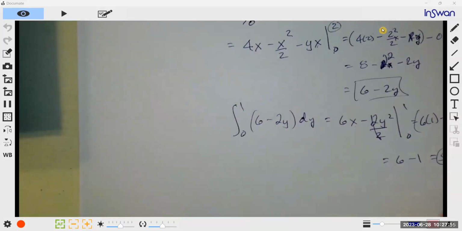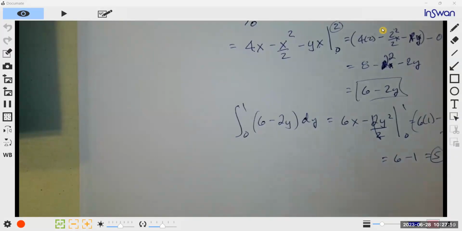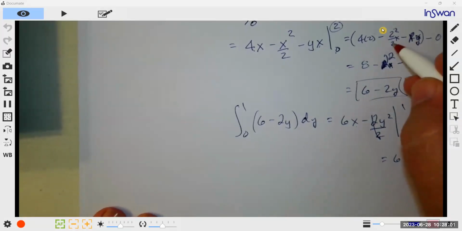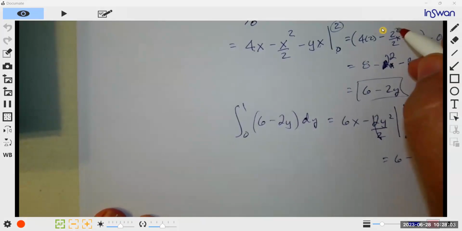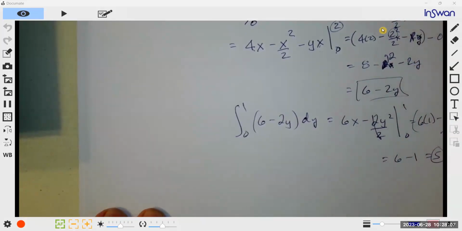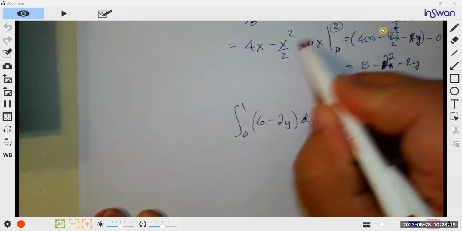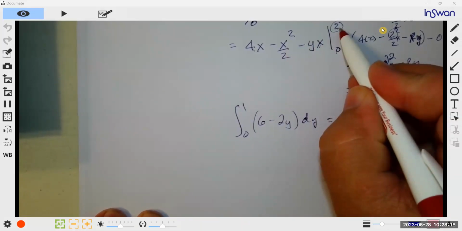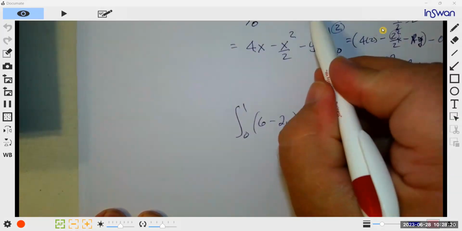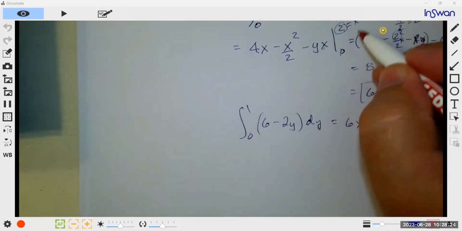I have a question. Yes. How would 2x squared over 2 become 2? 2 squared is 4, over 2 is 2. No, but isn't there an x? Is it 2x, or is it just a 2? Well, wherever I saw an x, I put a 2. Remember, the first one I'm integrating with respect to x, so this is what x becomes.